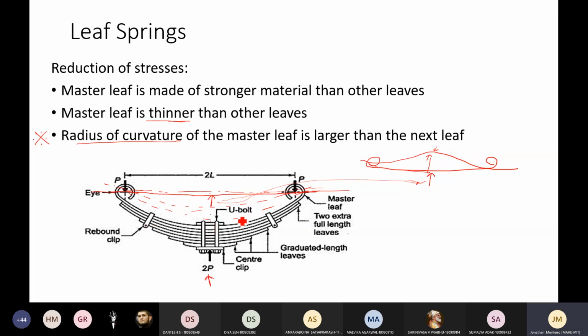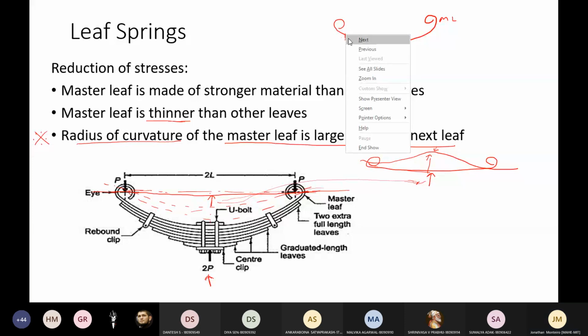Now what about other leaves? Let us come to this. Master leaf radius of curvature is larger than the next leaf. What is the meaning of this? See, when you manufacture it in this condition, say this is the original unstressed condition of the master leaf.